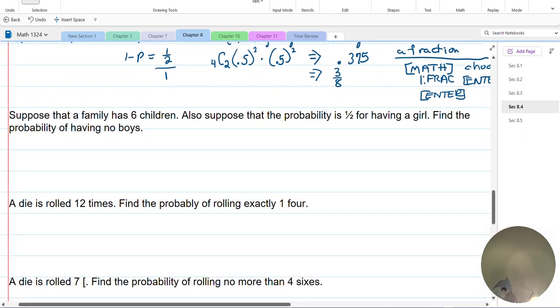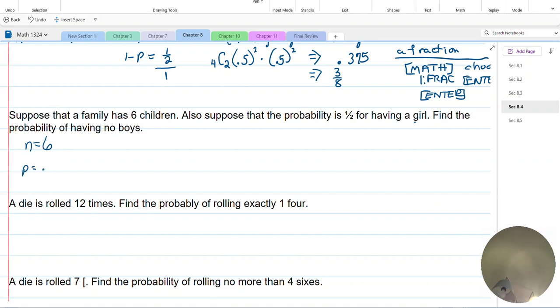Now let's do this next one. Suppose we have a family of 6. And also suppose the probability of having a girl is still 1/2. Find the probability of having no boys. All right. So again, we're talking combinations.